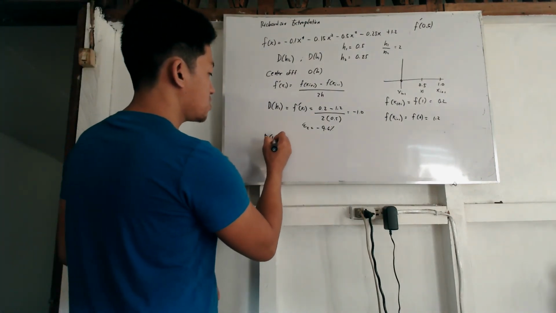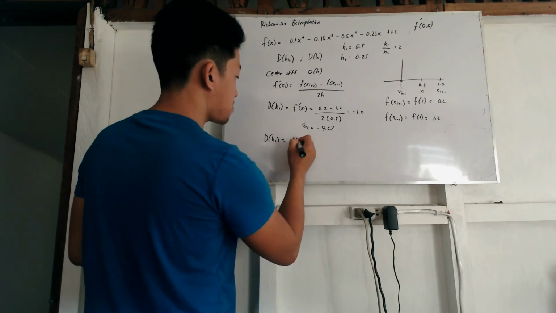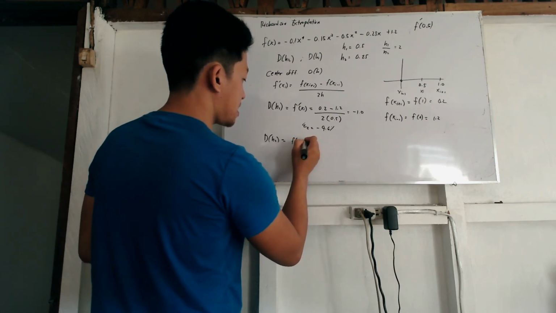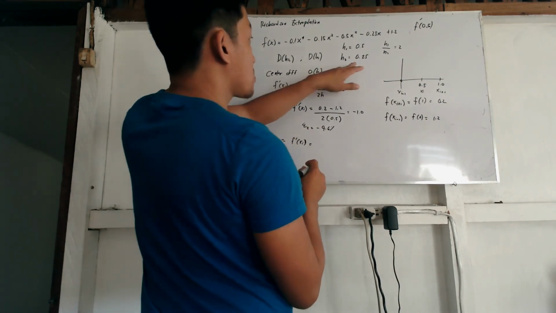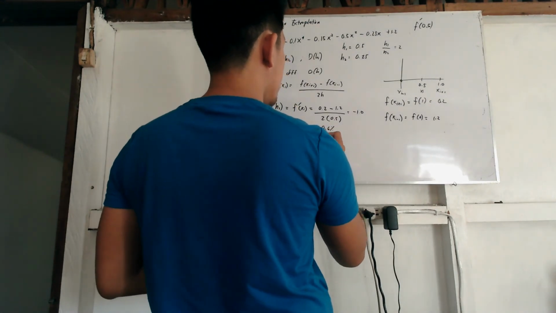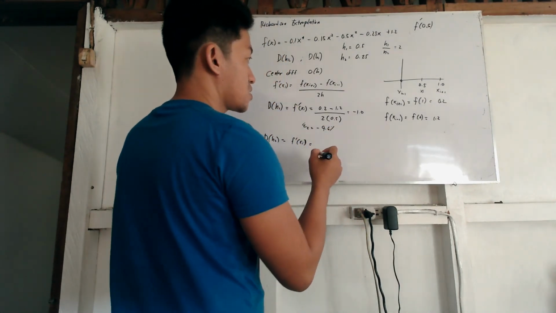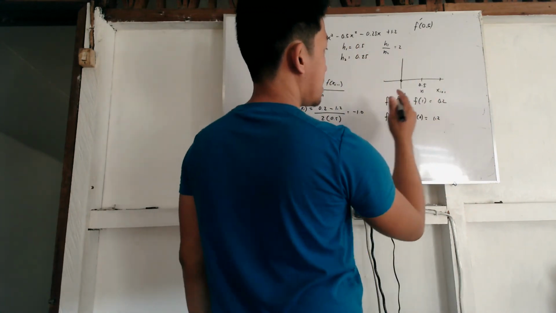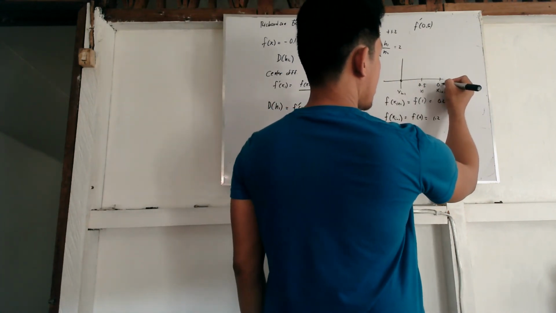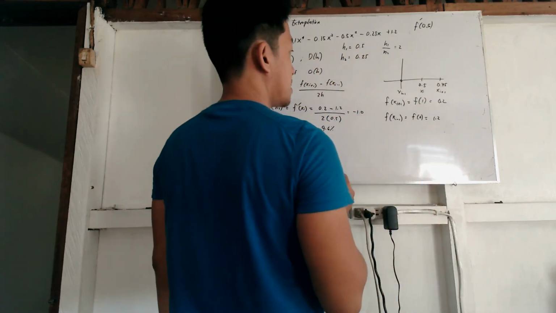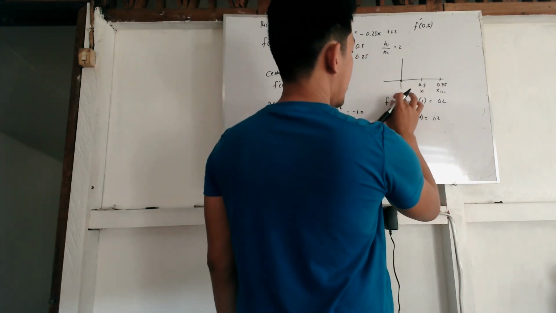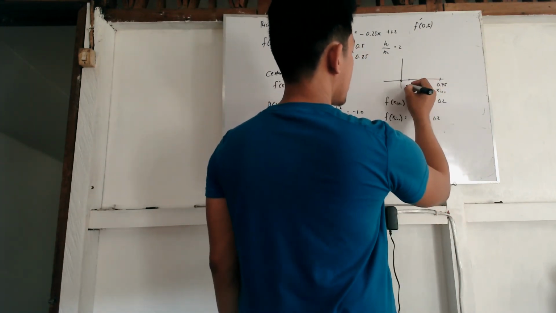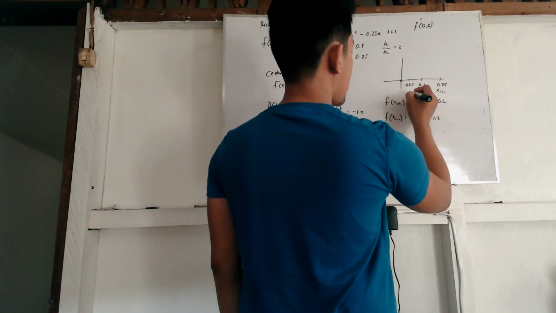Derivative of h2 is just equal to f prime of xi, but this time we will use 0.25 as the step size. So xi plus 1 is 0.75, and then xi minus 1 is 0.25.